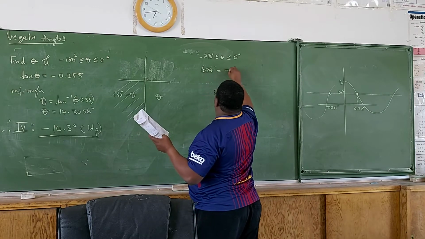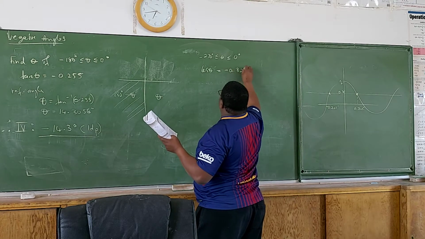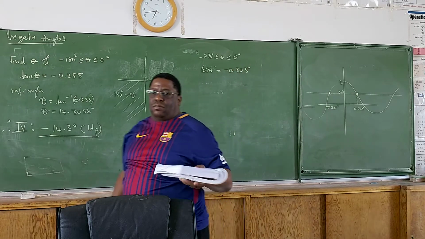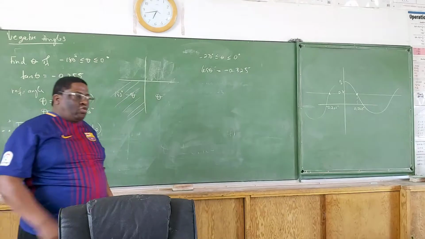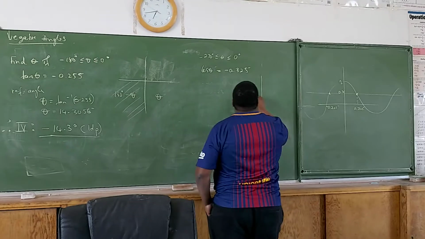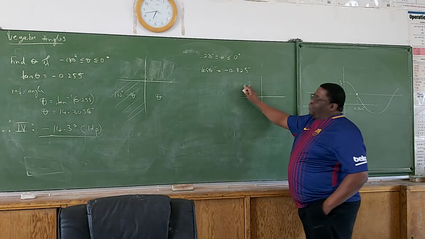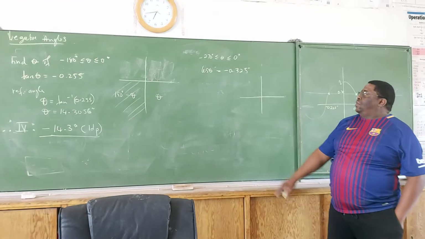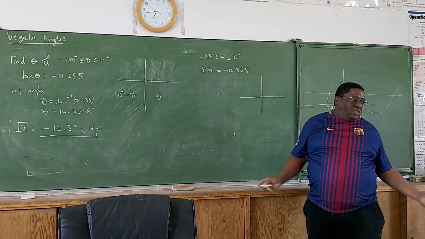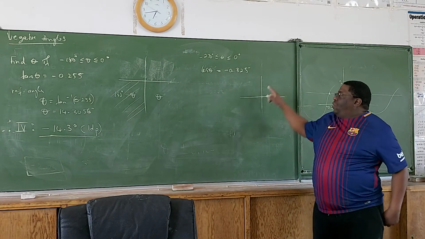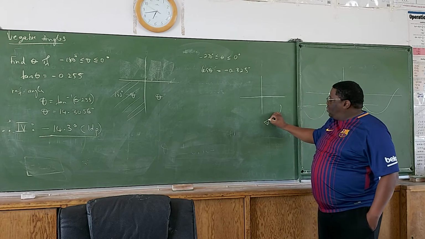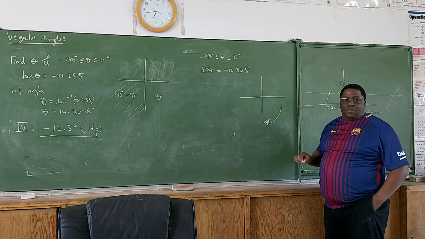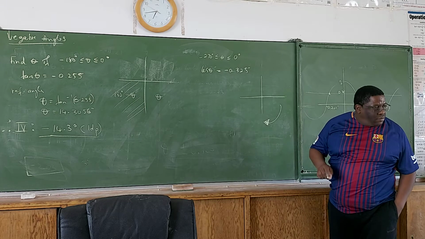If you did not notice, we are busy with negative angles because the domain is negative. Right, so there are no positive angles, so we're going to go in this direction. What direction is it? Clockwise!